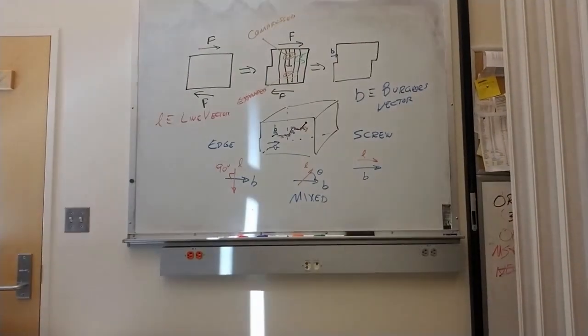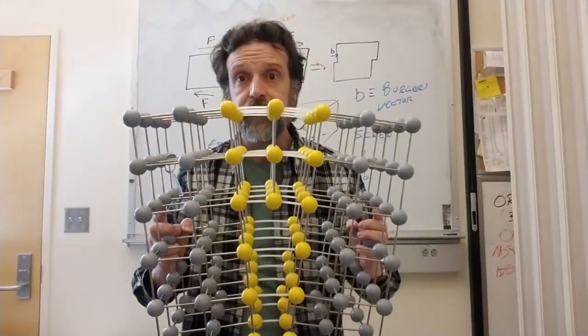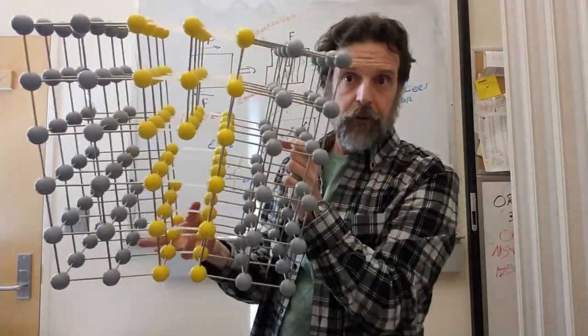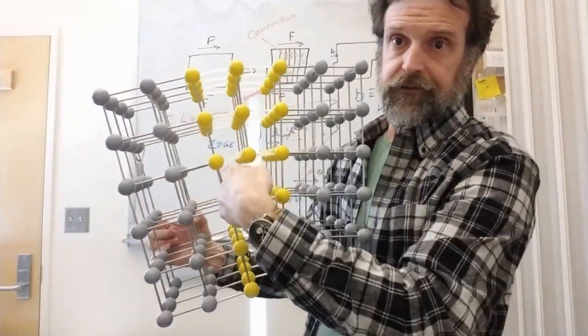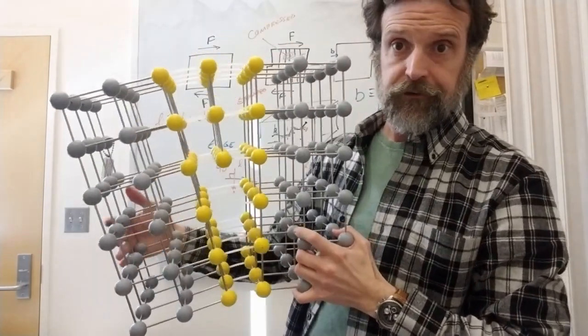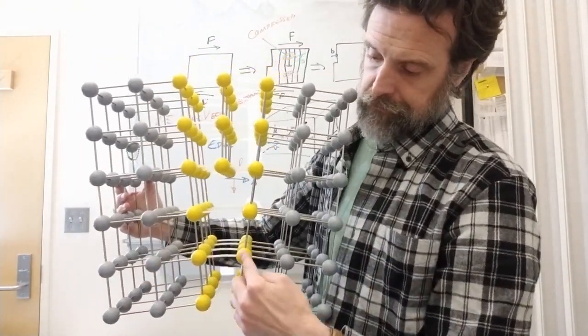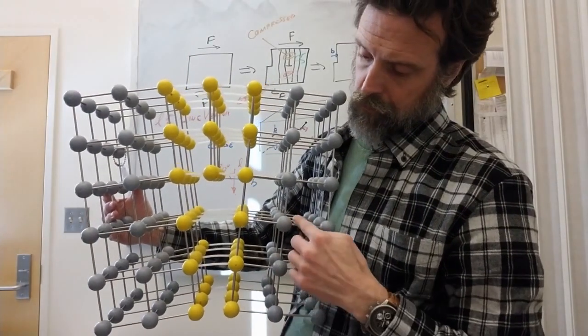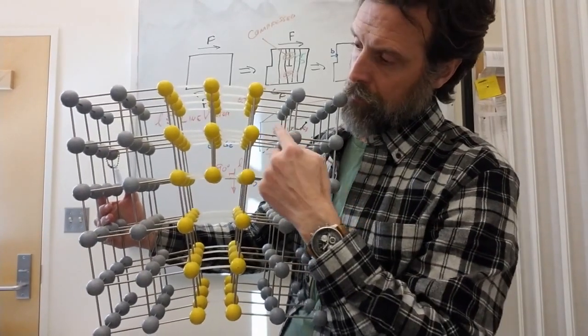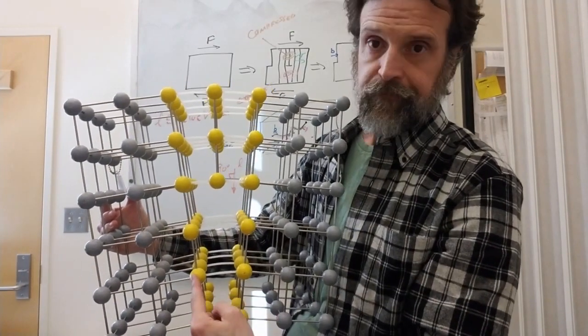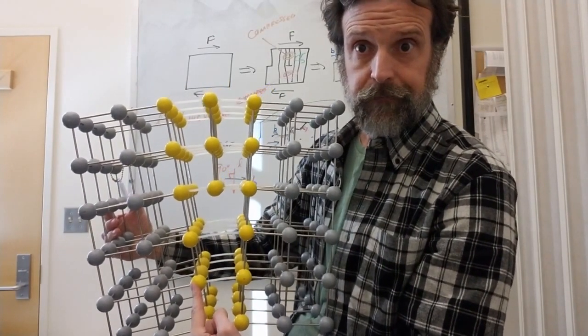This is our edge dislocation. The dislocation is sitting here, so our line is this way, and we can draw a circuit around this. Starting here, we go 1, 2, 3 to the left, 1, 2, 3 up, 1, 2, 3 to the right, 1, 2, 3 down, and we don't close the circuit.